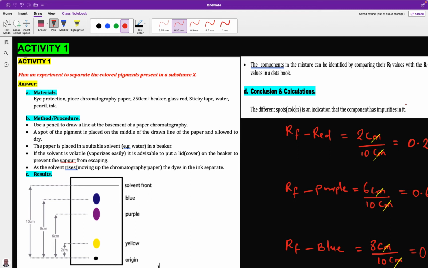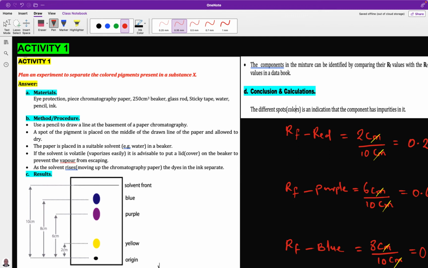In that case, take for instance, they want to test your knowledge on paper chromatography, and they tell you, plan an experiment to separate the colored pigments present in a substance X. They tell you, design an experiment to show how you can separate the different color pigments in it. They just want you to do the procedure that is needed in chromatography.